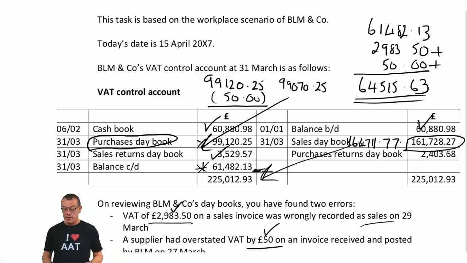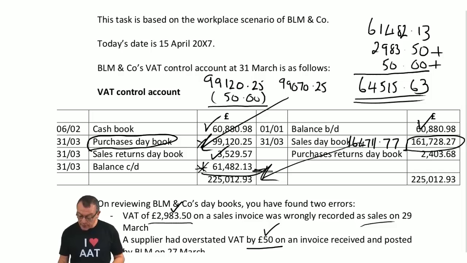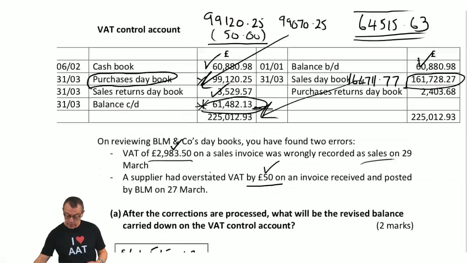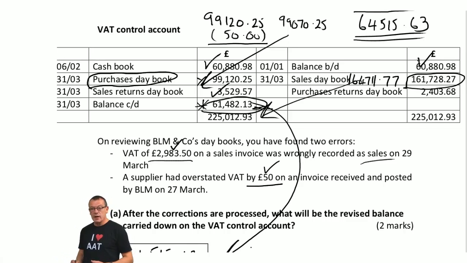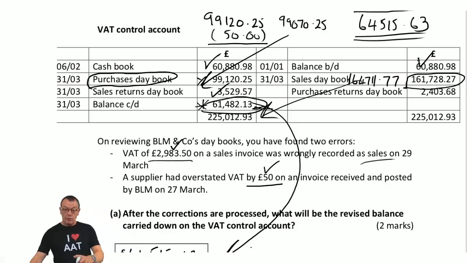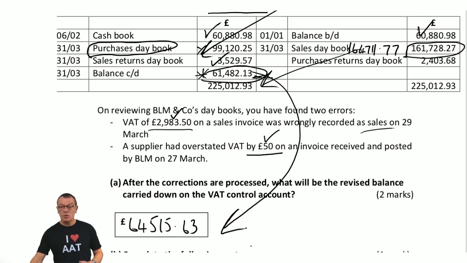That will change that figure there. And when you add these up together and balance the accounts off, you will find that that figure of 61,482 will have changed to become that figure there. And hopefully that reinforces exactly what you've done. So that's two marks. Seems quite a lot of work for two marks. However, it's just reconstruction, and with practice you will get quicker at this as well.